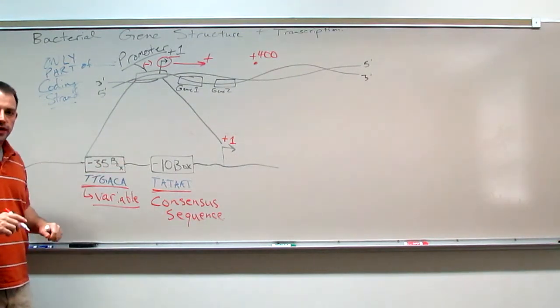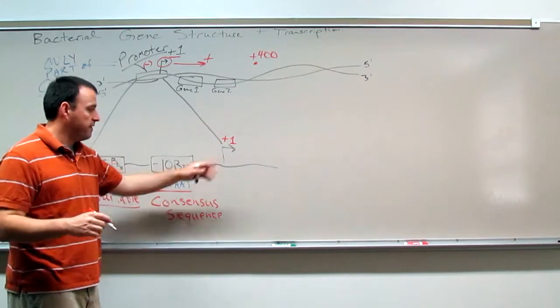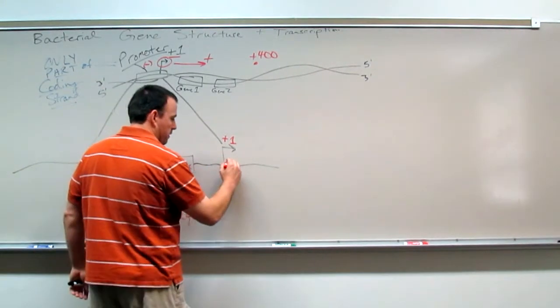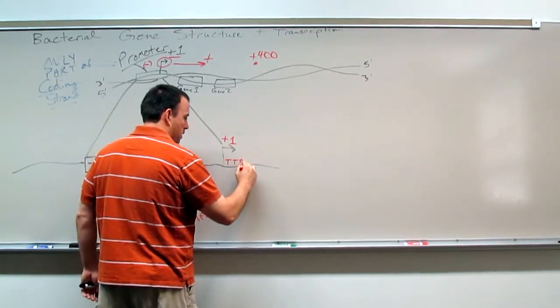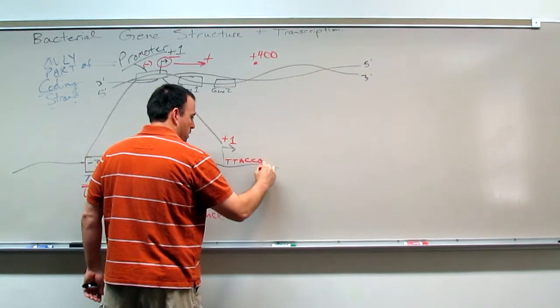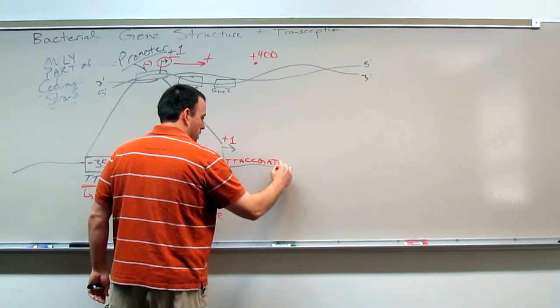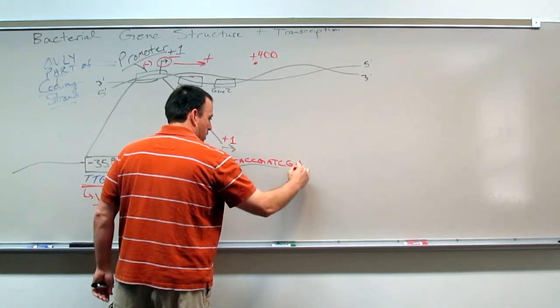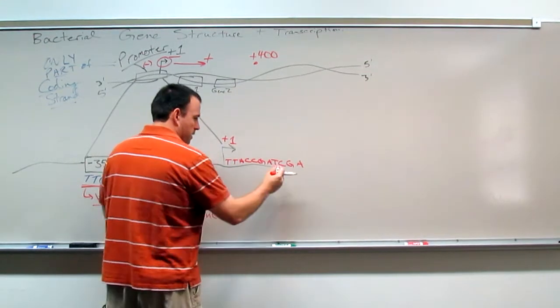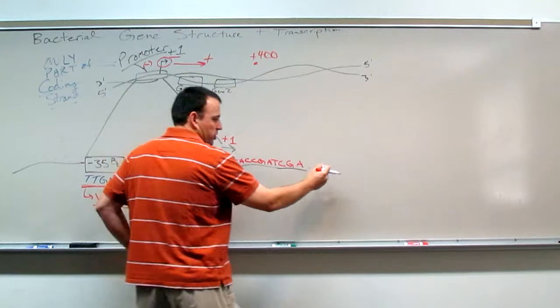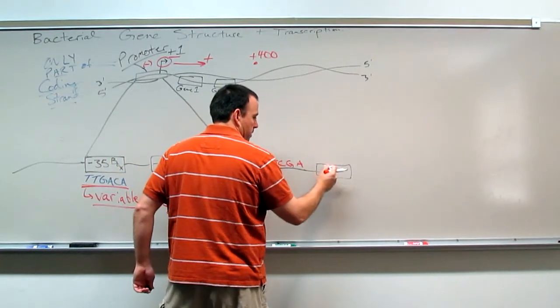So what's going to happen here? Well, this is our coding strand, so I'm just going to write a few bases into our coding strand. And that's plenty. Okay? Gene 1, remember, is somewhere up here.